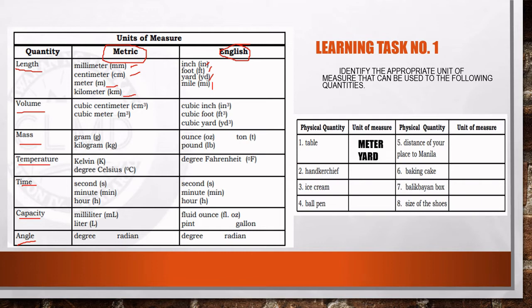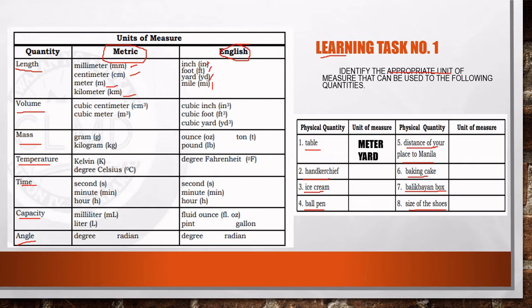Okay? Now, for you to answer the learning task number 1, you're going to identify the most appropriate unit of measures that can be used to the following quantities: table, handkerchief, ice cream, ball pen, distance of your place to Manila, baking cake, balikbayan box, and size of the shoes.